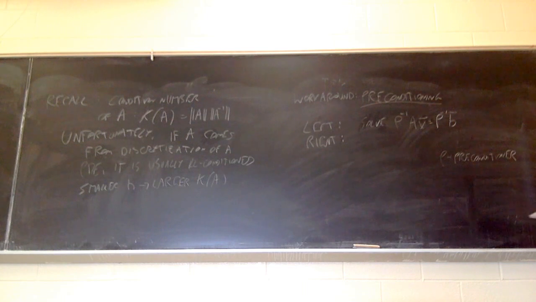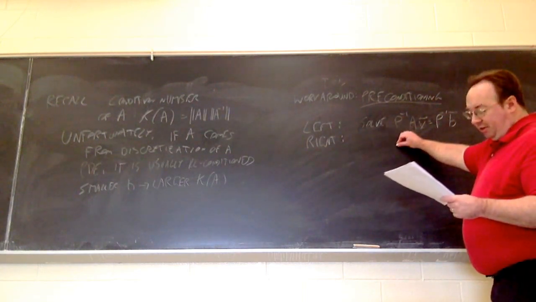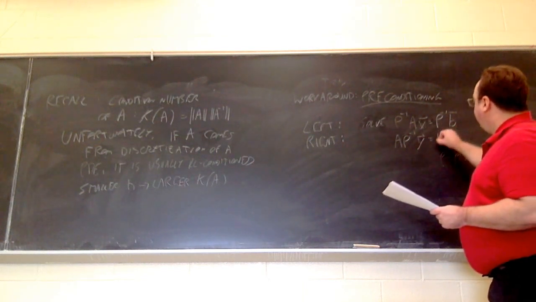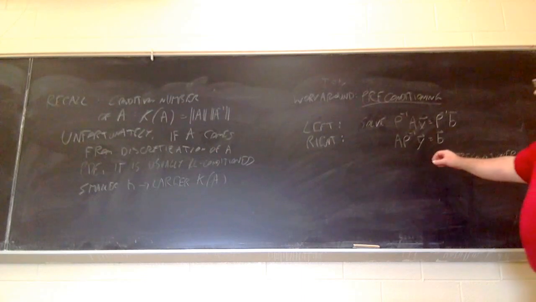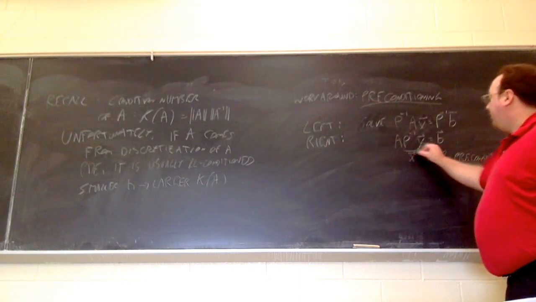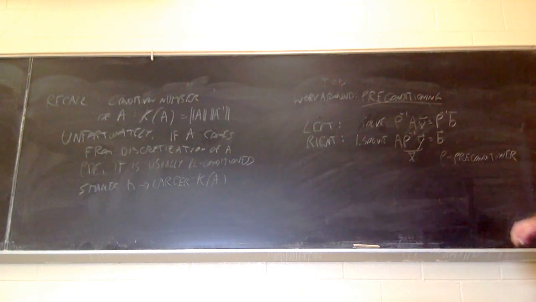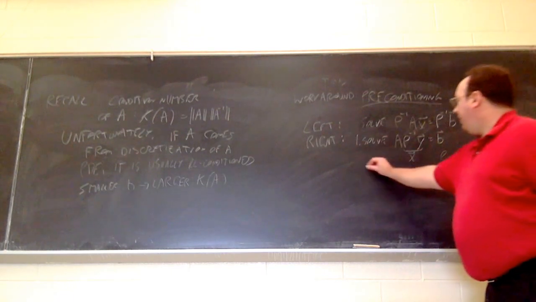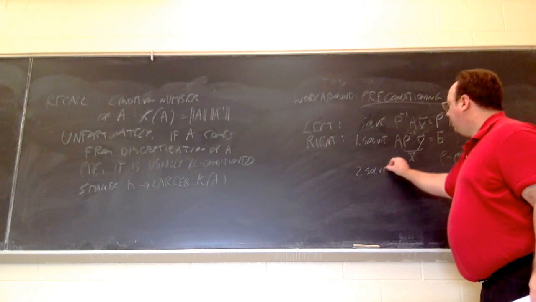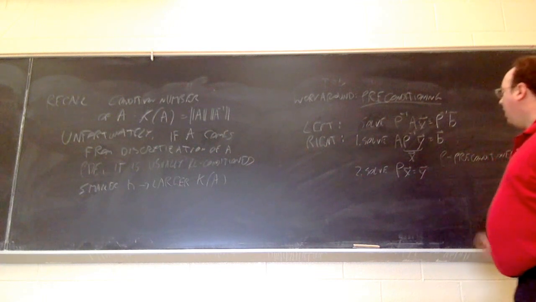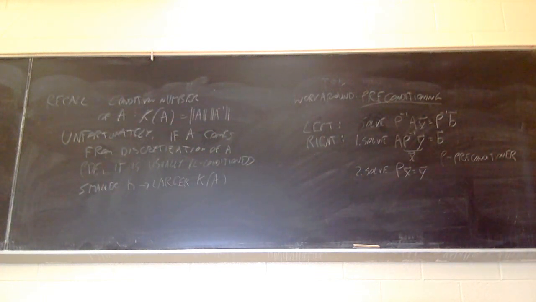Right preconditioning is similar. You have a preconditioner on the right. So A P inverse y is equal to b. And then this is supposed to be x. So you solve this system first. So hopefully the condition number of A P inverse is less than the condition number of A. And then you solve P x is equal to y, because that would mean that x is P inverse y.